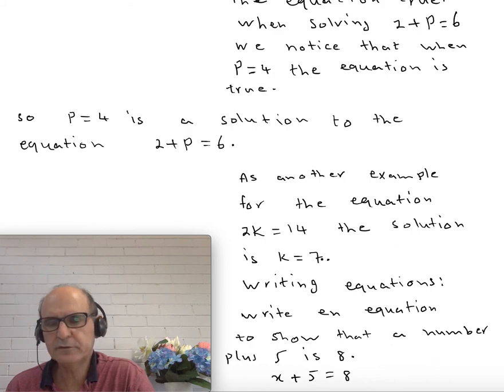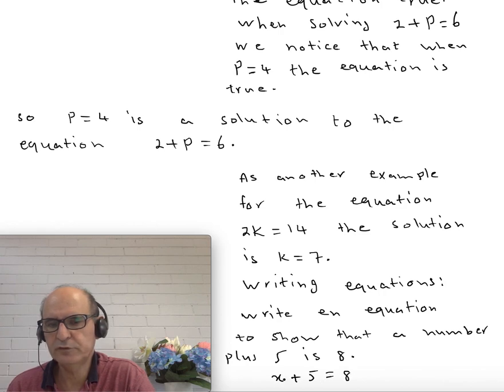What we did so far was solving equations by inspection. So in other words, if I want to solve this equation, I realize that 3 plus 5 equals 8.